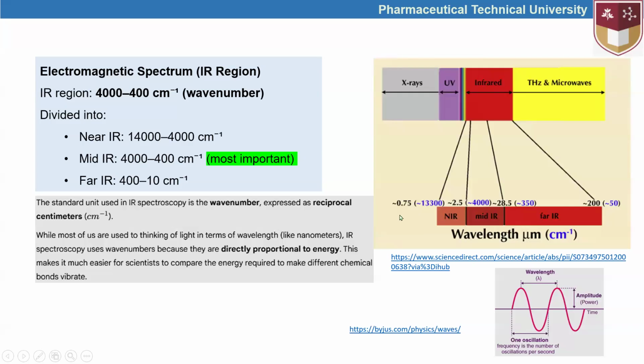So 14,000 to 4,000 reciprocal centimeters is closer to the photon energy that the different wavelengths own. This kind of unit is used for the IR spectrum.